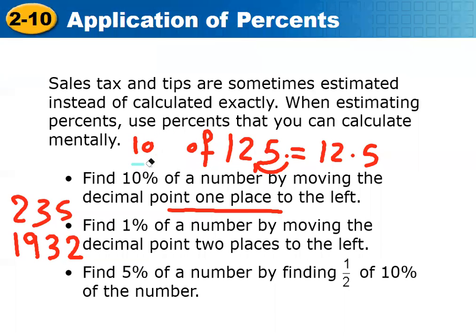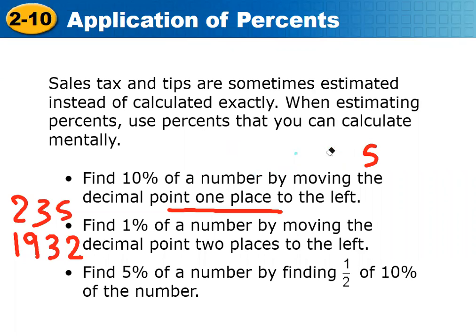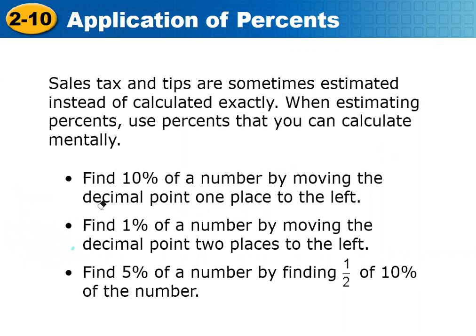What else do we want to know? The second way is to find 1%. If you want to find 1% of any number, move the decimal point 2 places to the left.